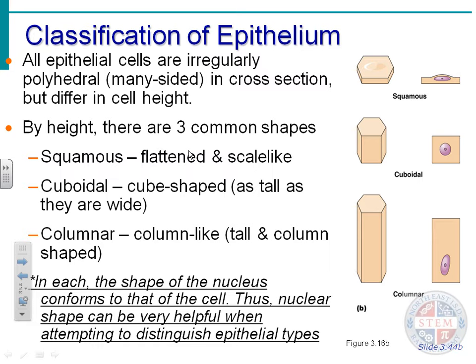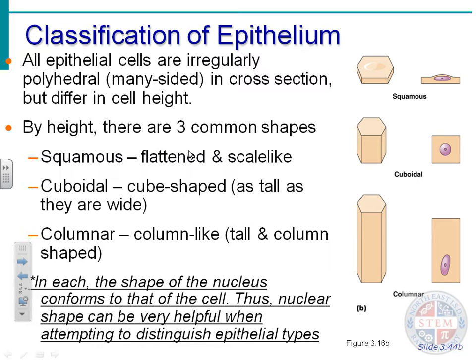Okay, so cuboidal is the center. It's as wide as it is tall. If you take cuboidal and you stretch it, you get columnar. If you take cuboidal and you squish it like a pancake, you get squamous. Epithelial cells are irregular polyhedrons in cross-section, but differ in cell heights.